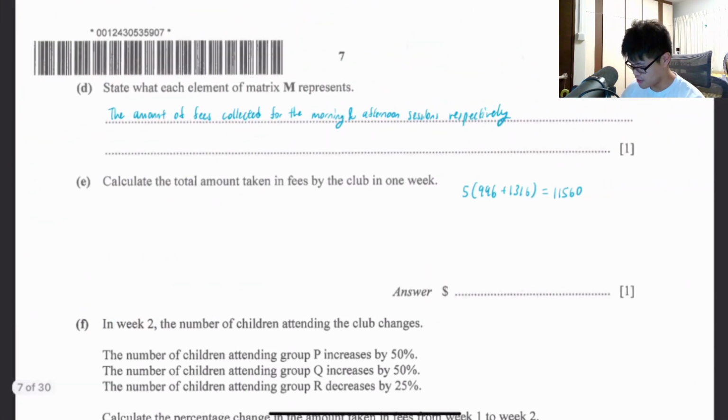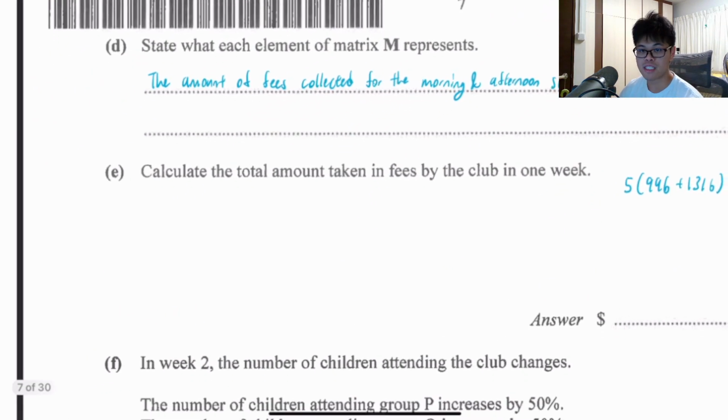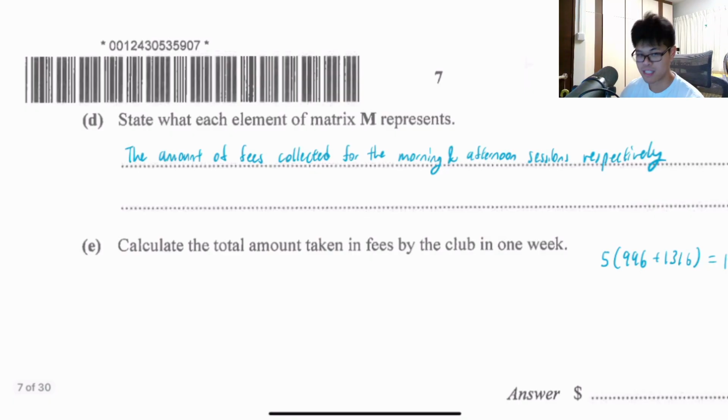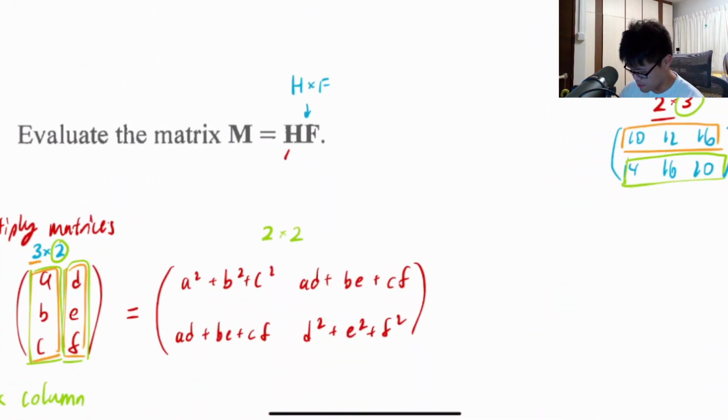Okay, so the next one is state what each of the elements in M, which is the matrix we just found, represents. Follow this statement exactly because there's a format to write it. What we did was we take H, which represents the number of students that went to the morning and afternoon session, and F is the cost of the class.